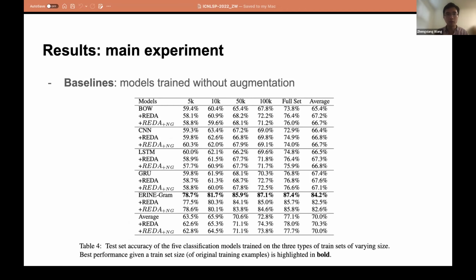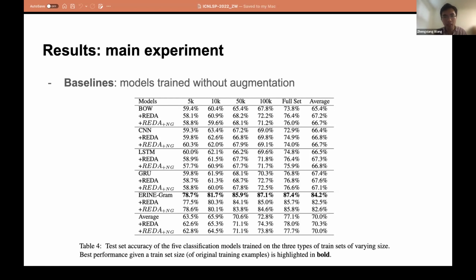And this is the result for the main experiments. I trained the baseline model on the original corpus without augmentation as the baseline. As can be seen from this table, the model trained on augmented text does not even outperform the baseline model for both augmentation methods, with or without the n-gram language model.